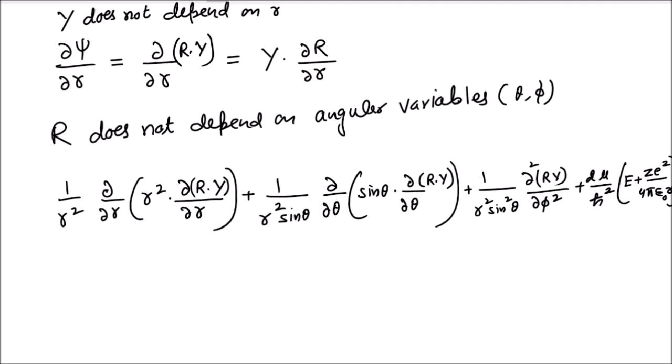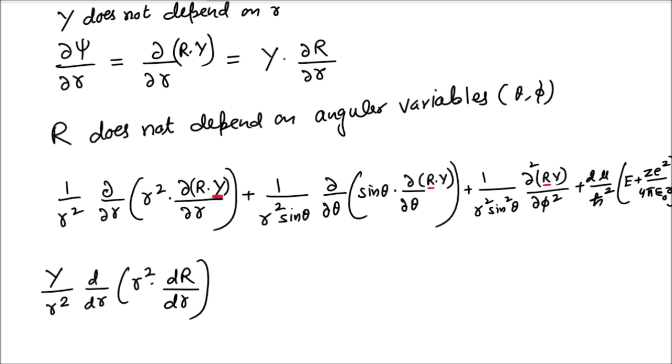Right? Now see, for the first term, this Y is constant. Here R is constant. Here again R is constant. So take it out. It becomes Y upon small r square into, now you can write it as a complete derivative because capital R depends on r only.